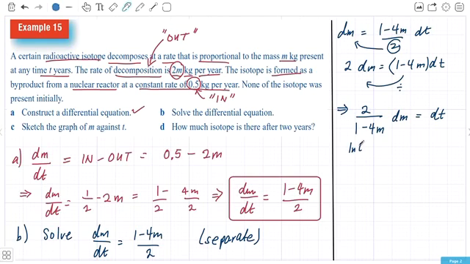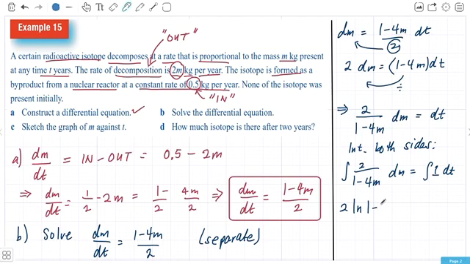Now what we can do is integrate both sides. So we've got the integral of 2 over (1 minus 4m) dm equals the integral of, there's really a 1 there, so I'll write that so we can see. This is going to be a log, and it will be 2 lots of log of 1 minus 4m inside the log, and we have to divide by the derivative of the bracket of that log as well, equals t plus c.